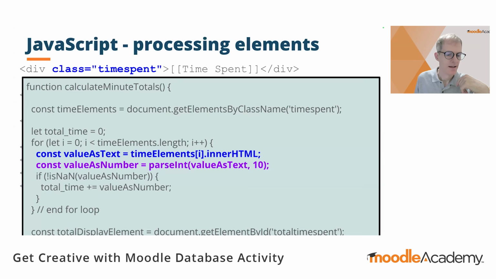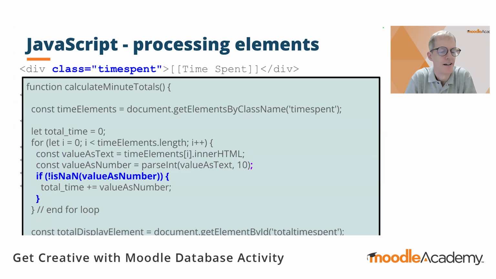Okay, I'm going to go on. Now that we've actually converted the value to a number, we need to double check that it actually is a number. In JavaScript, if something gets processed like a number, but it is not a number, the value will be NaN, which is short for, guess what?